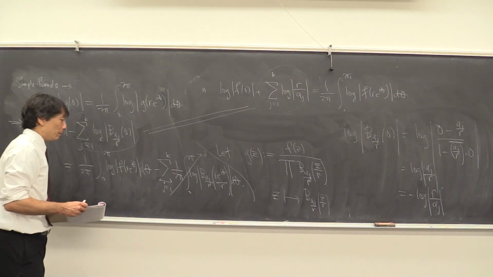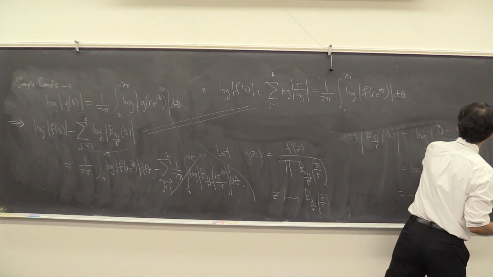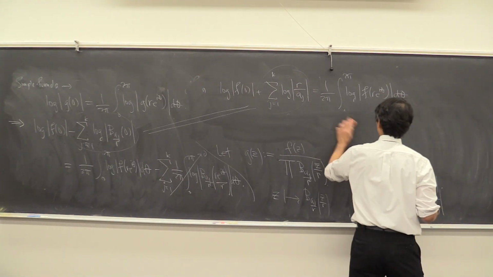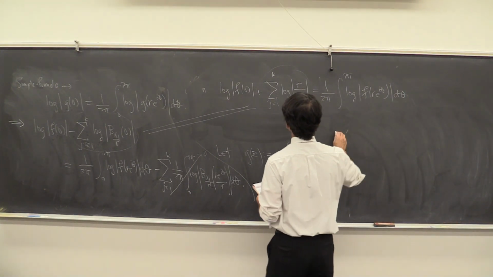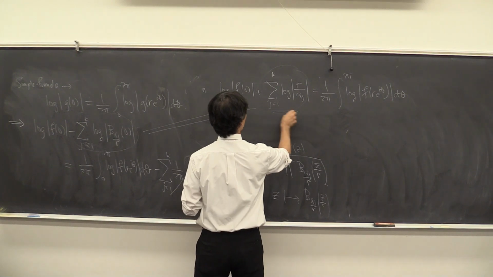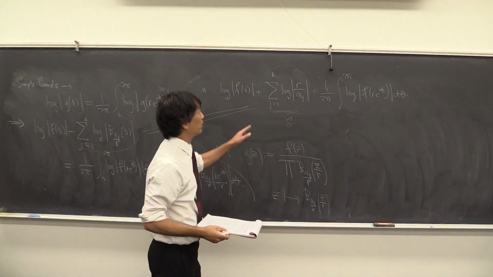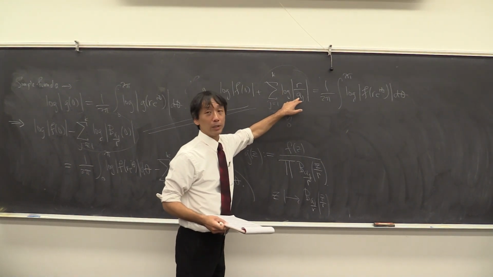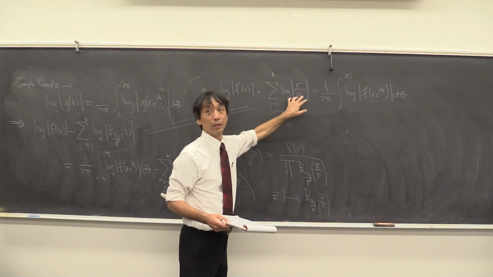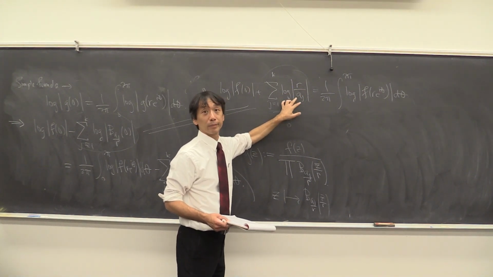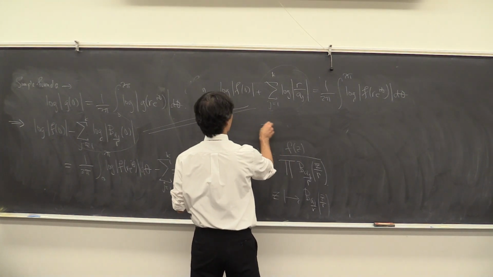Okay, so this actually gives, as an immediate corollary, something called Jensen's inequality. You notice that this term is greater than or equal to 0, right? These things are all of magnitude less than r, so these are all positive numbers. Okay. So what does that tell you?